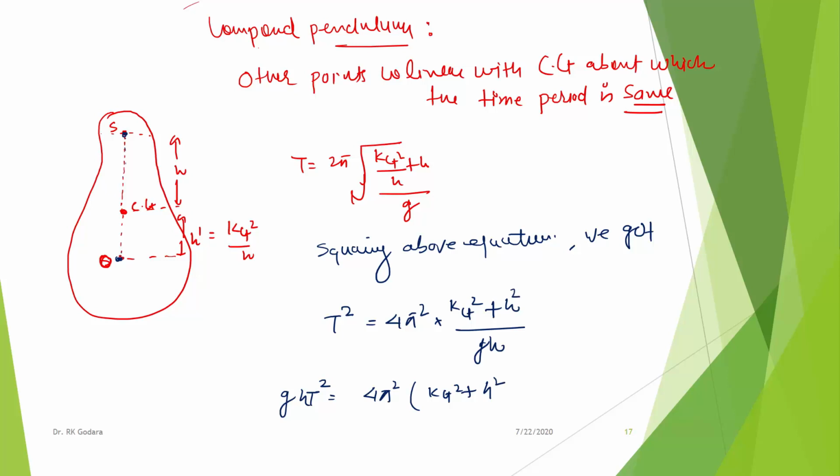So this is h square here. We can simplify this equation and write g h T square over 4 pi square is equal to kg square plus h square.